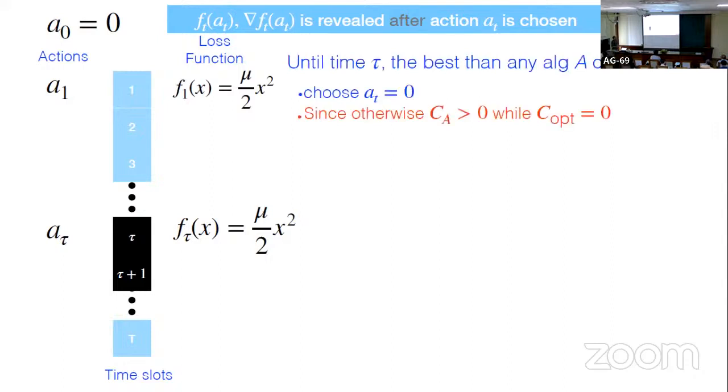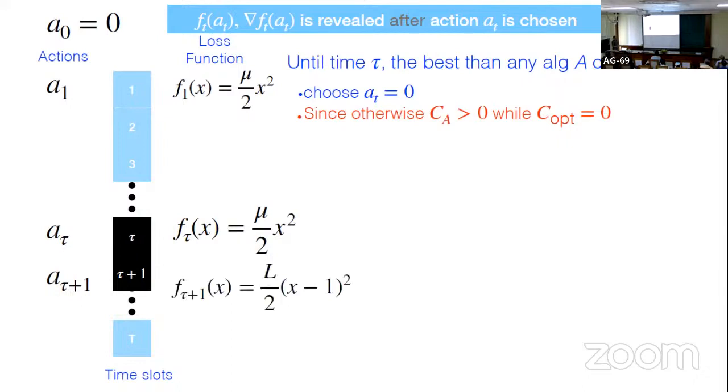You can argue that until time tau, the algorithm cannot move from its original position, because if it does, it will pay a non-zero cost, while OPT will just remain at 0, pay 0 cost, and the adversary can terminate the input right there. So the competitive ratio will be arbitrarily large. So an algorithm cannot do that. So you stay put at essentially 0 until time tau.